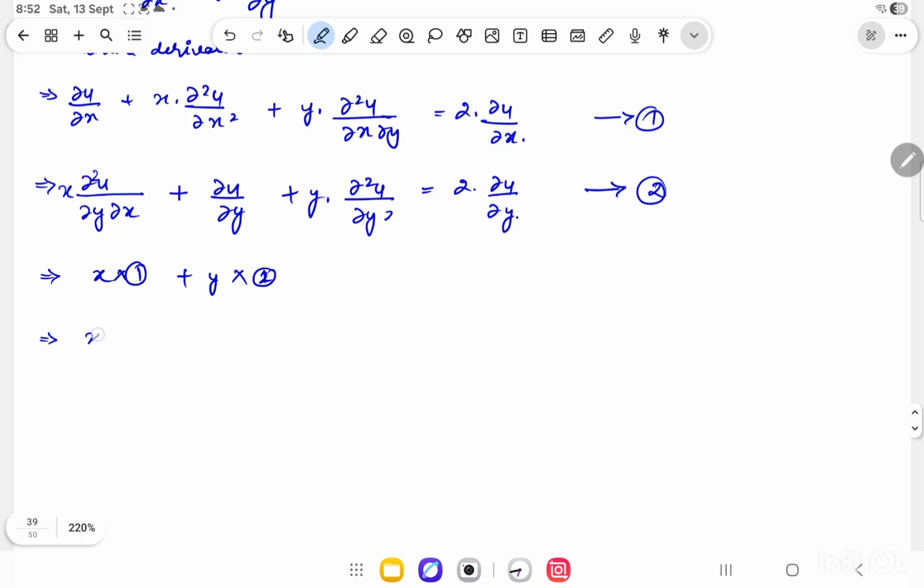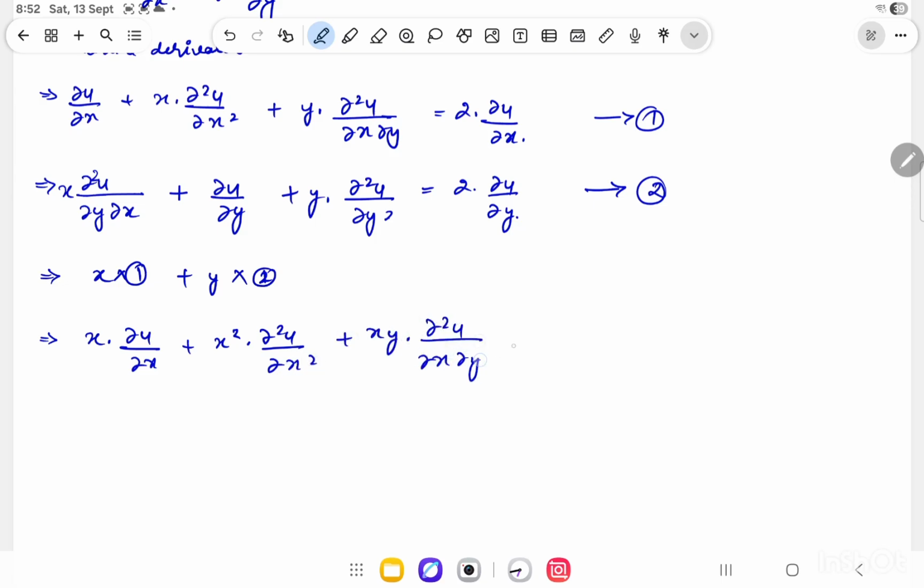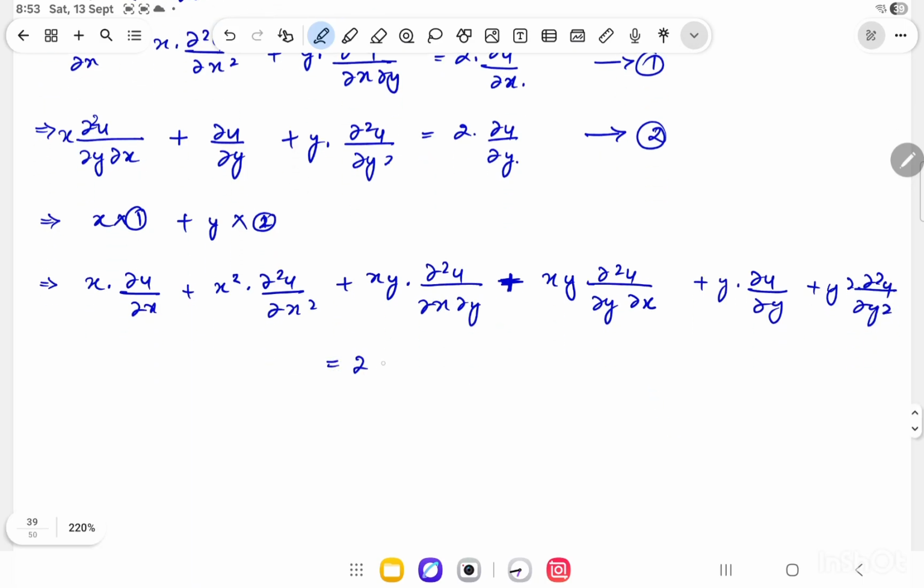So it will be x into del u by del x plus x square into del square u by del x square plus xy into del square u by del x del y is equals to, plus this term, that is xy into del square u by del y del x plus y into del u by del y plus y square into del square u by del y square is equals to 2 times x into del u by del x plus 2 times y into del u by del y.